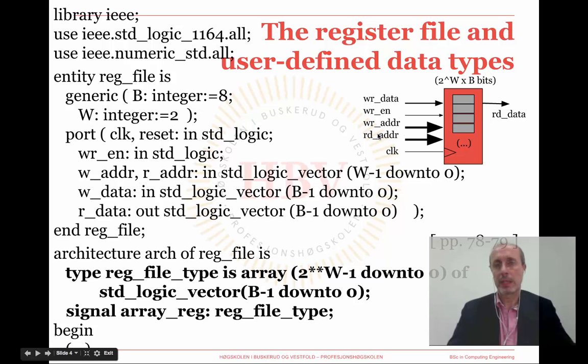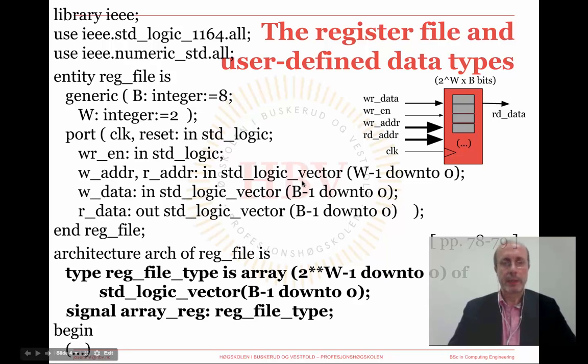In this case, it's the read address bus. And finally, we need a write enable signal. Since there is no read enable, what this means is that the read data bus will always contain the value of the register that is addressed by the content of the read address bus.